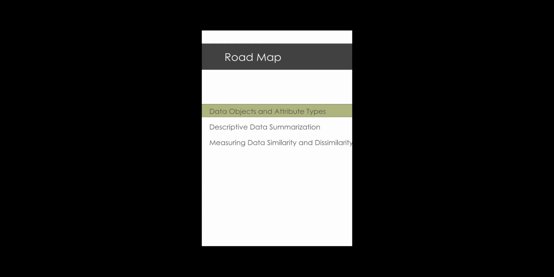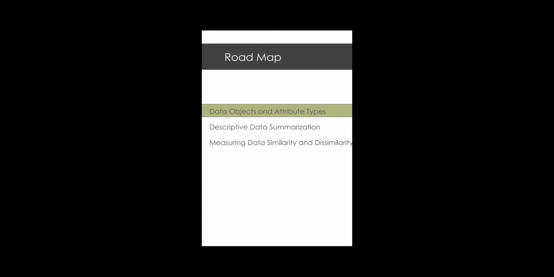A set of attributes used to describe a given object is called an attribute vector. The distribution of data involving one attribute is called univariate, and a bivariate distribution involves two attributes, and so on.